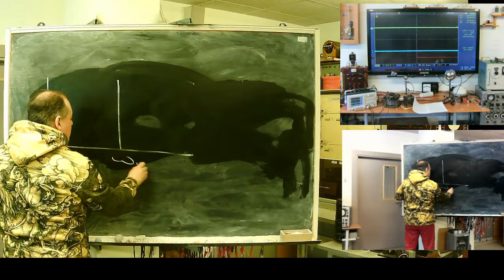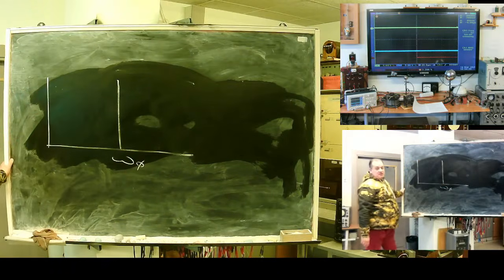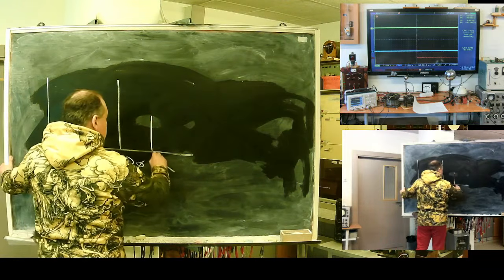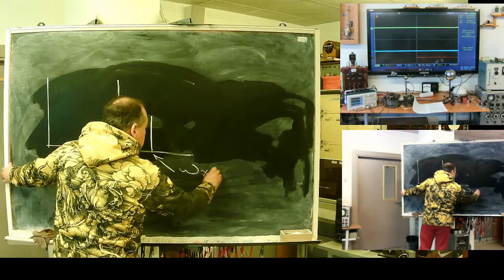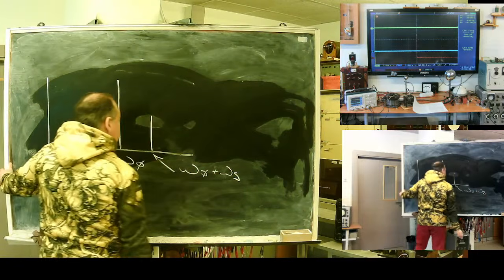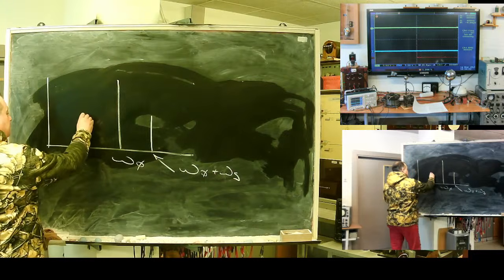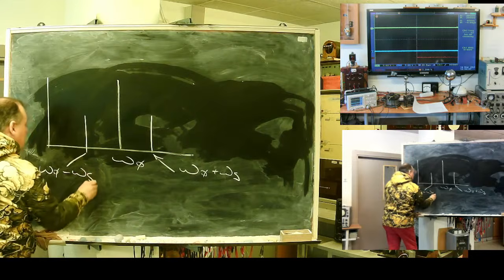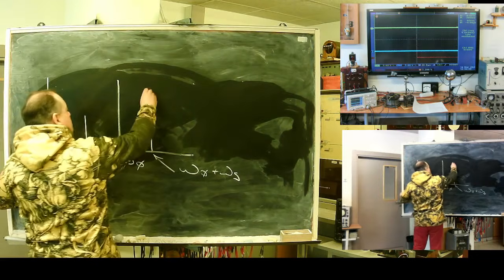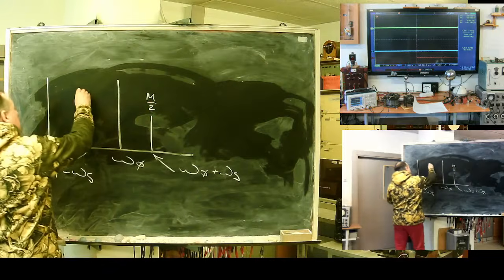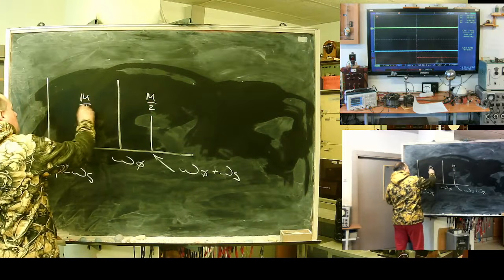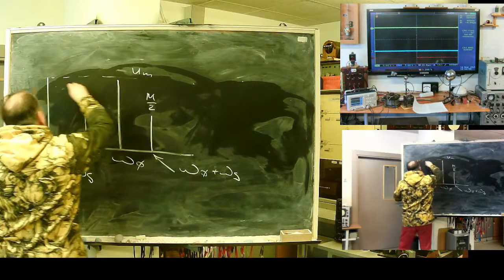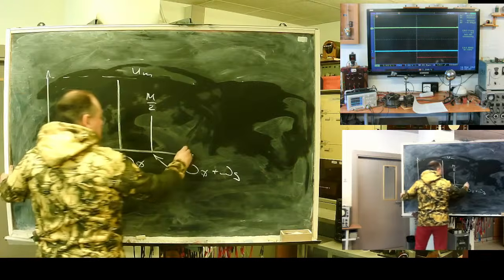Central line at omega 0, the carrier frequency, and two lines at frequency omega 0 plus omega signal and omega 0 minus omega s. The magnitudes are the modulation index and 1/2 of modulation index. This is U max.